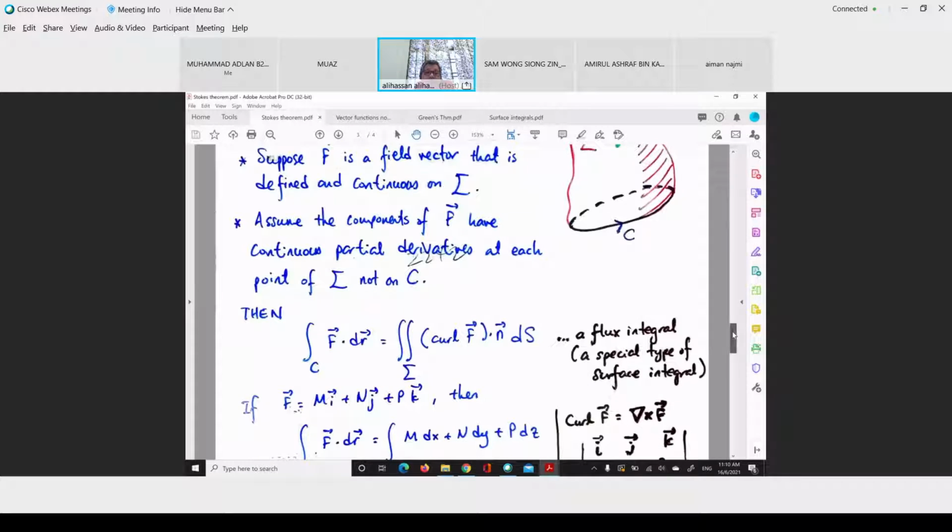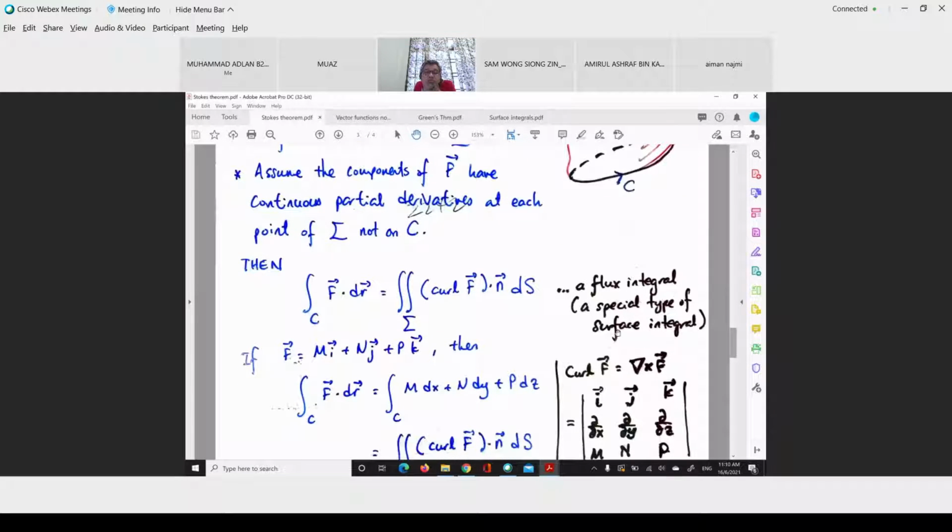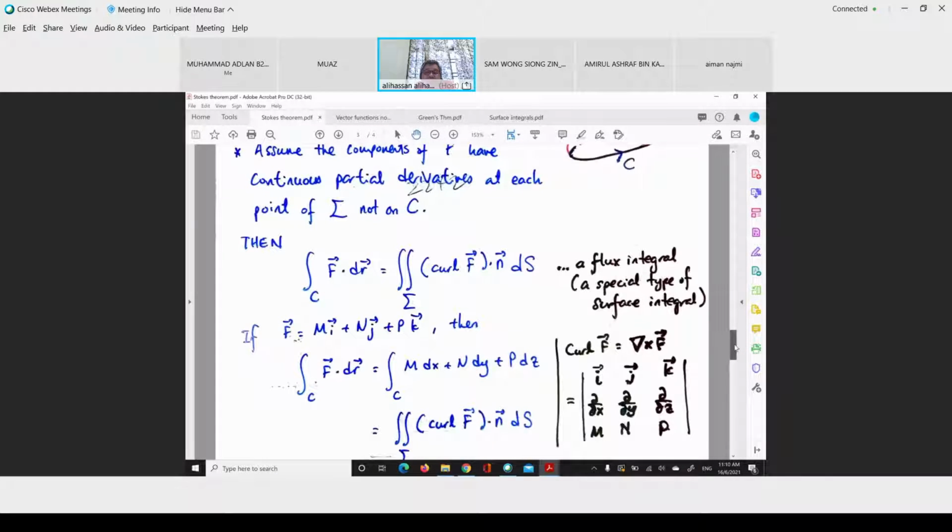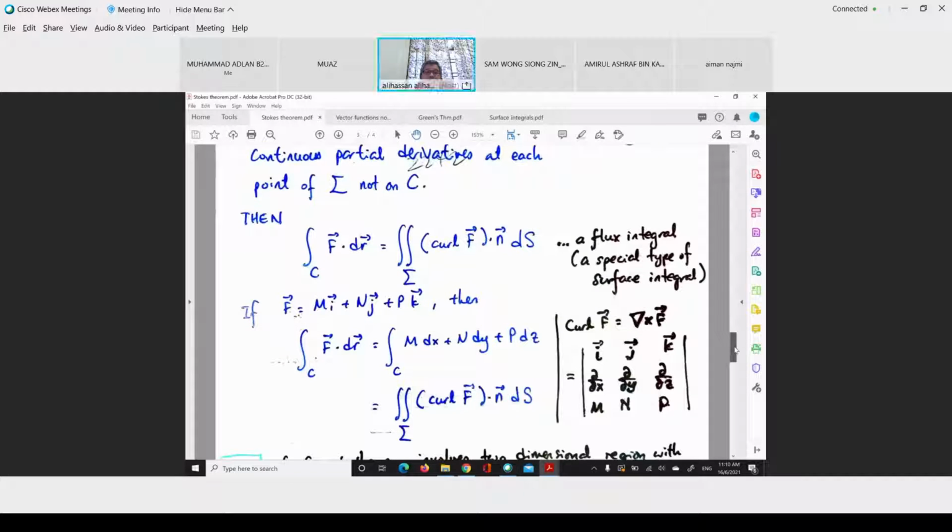So in order to understand Stokes' theorem, we need to understand the surface integral, and we need to understand the flux integral. We need to understand the surface integral as well as the flux integral.